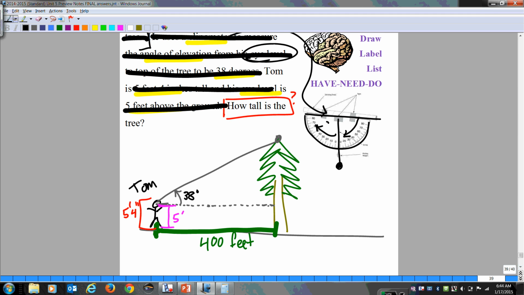Okay, so what we have here, if you look carefully, we kind of have this imaginary right triangle going right here. So we're going to label our opposite, adjacent, and hypo from here. From that angle, that would make from here to here, the little brackets there, because our triangle stops 5 feet short of the ground. That's our opposite.